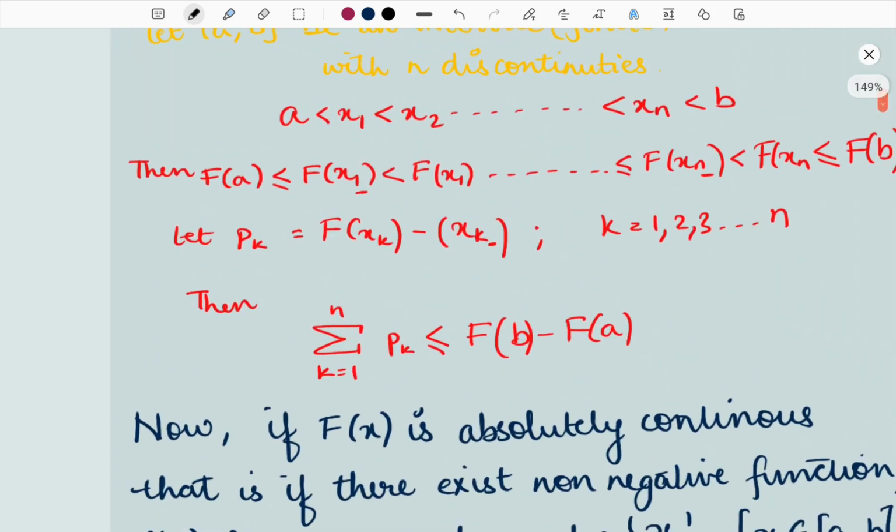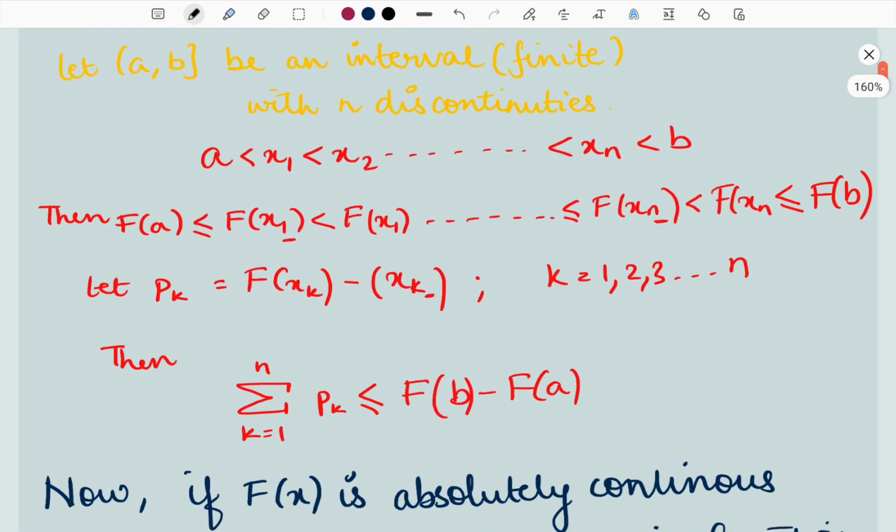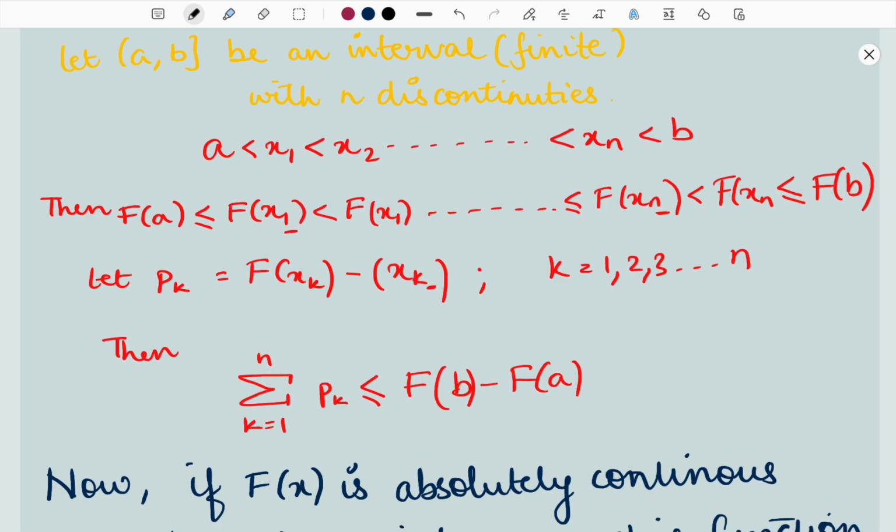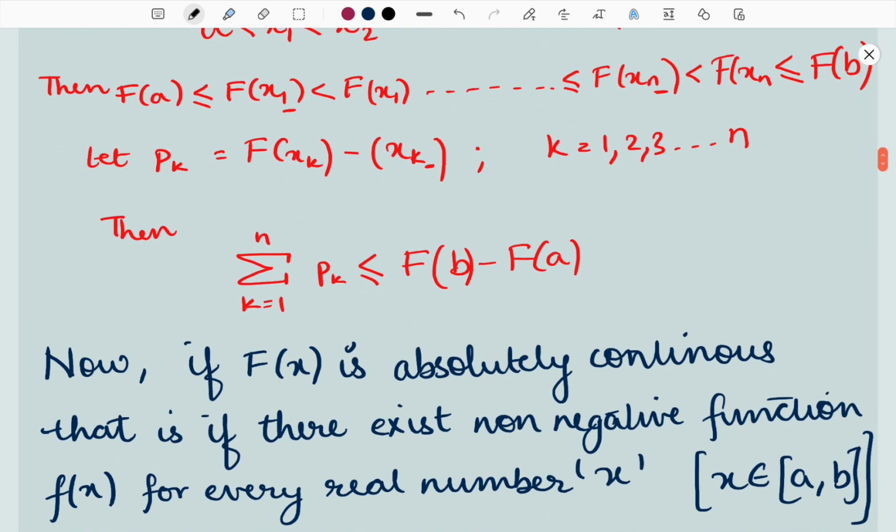So let us just overview this. F of x1 negative means the limit of x tending to x1 from the negative side, and we are only using negative terms, assuming that b is just above xn. Let pk be equal to f of xk minus f of xk negative for k from 1 to n. This result is important now.